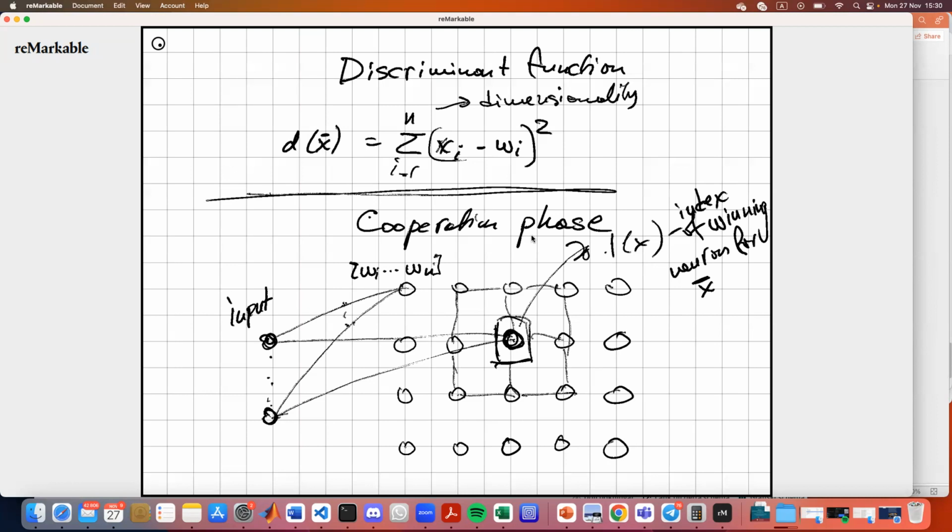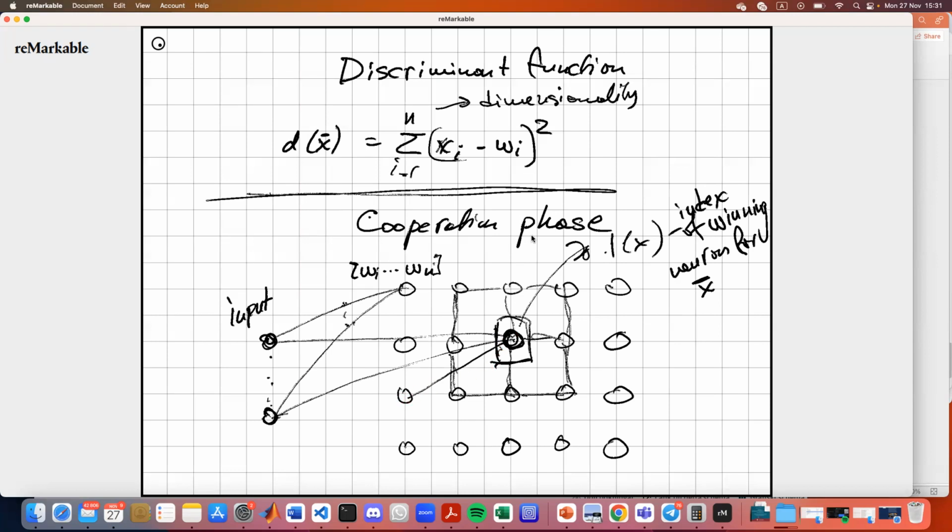And here is the crucial part. Since we have these extra connections, we can introduce a notion of distance. Basically, we can define the distance from the winning neuron to any other neuron.